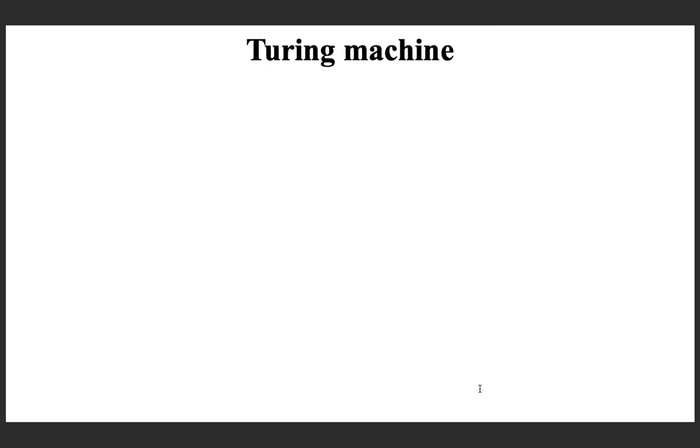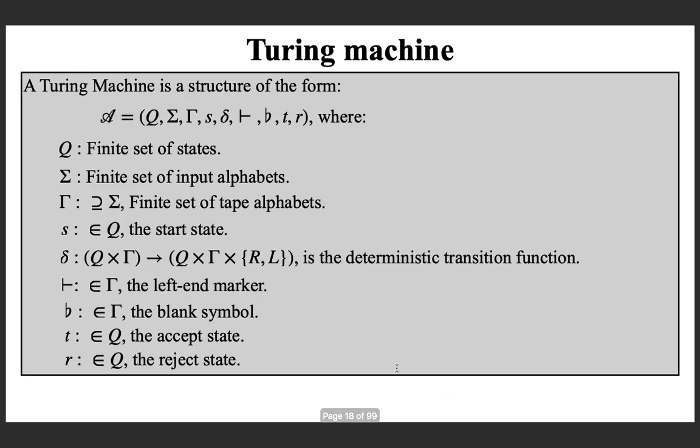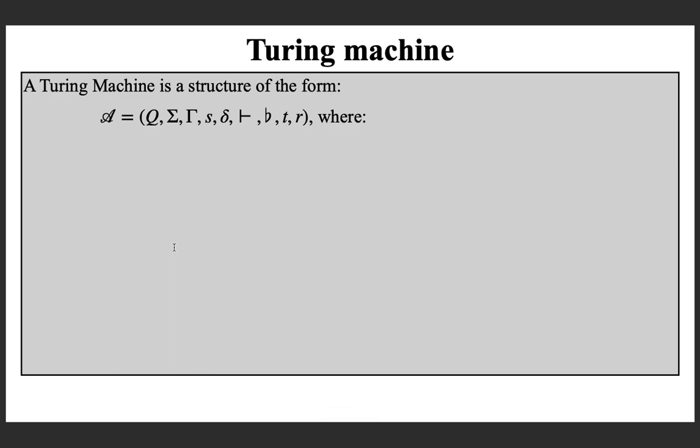Now let us recall the definition of a Turing machine. This is what we discussed. No need to remember all the components, but this is exactly what we defined as a Turing machine. So in a Turing machine there could be finitely many states, finitely many input symbols, finitely many tape symbols, and recall that every input symbol is a tape symbol.